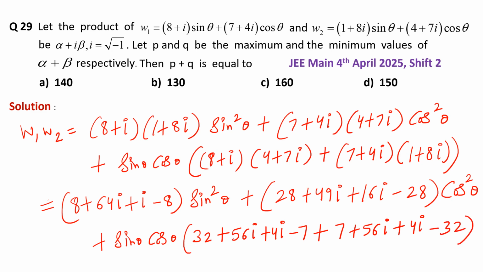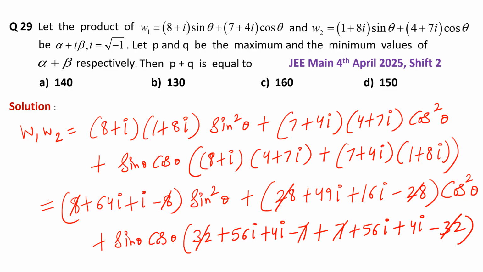Now students, this 8 cancels with minus 8, this 28 cancels with minus 28, and this 7 and minus 7 cancel each other. This 32 cancels this minus 32.